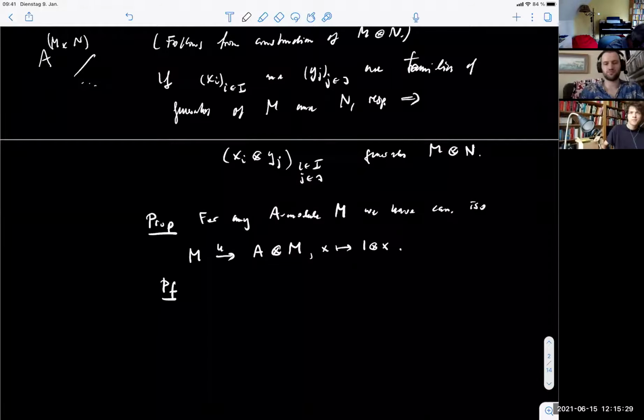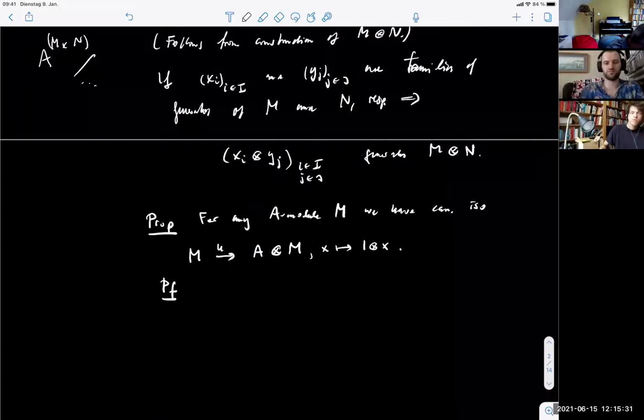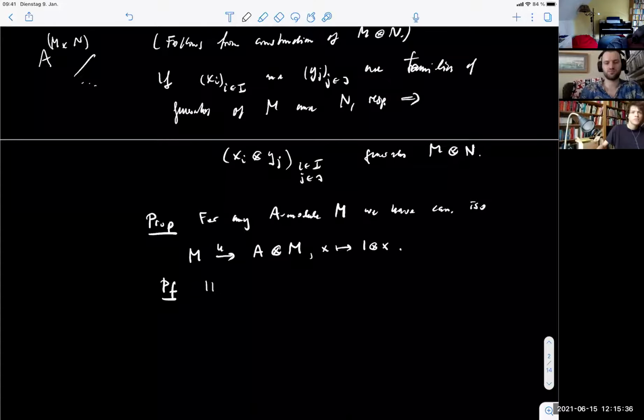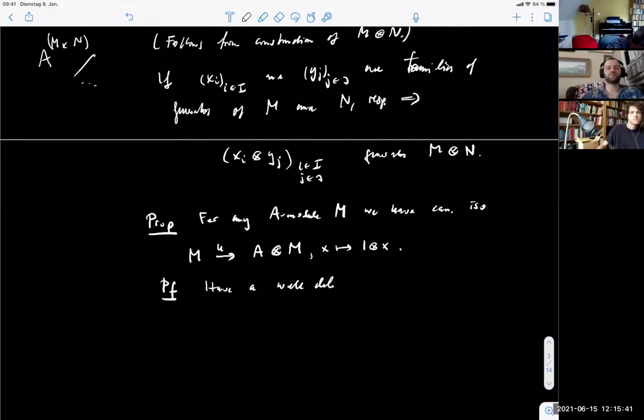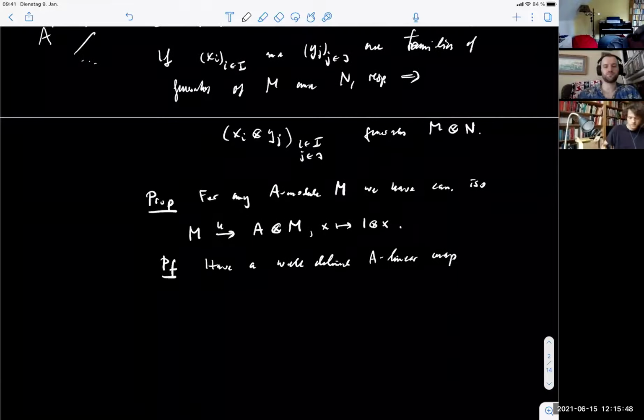Okay, the first thing is, I claim I have a well-defined A-linear map from A tensor M to M with this property, sending the elements A tensor X to AX.